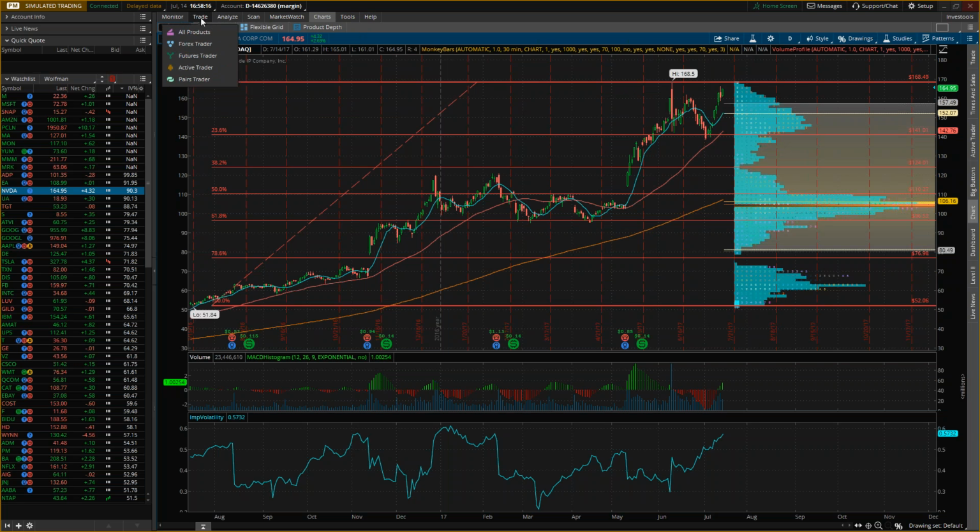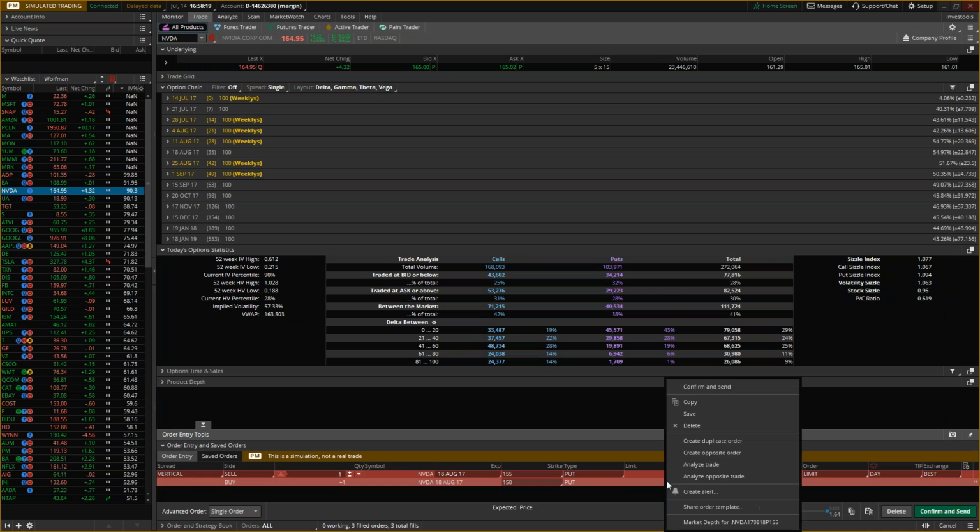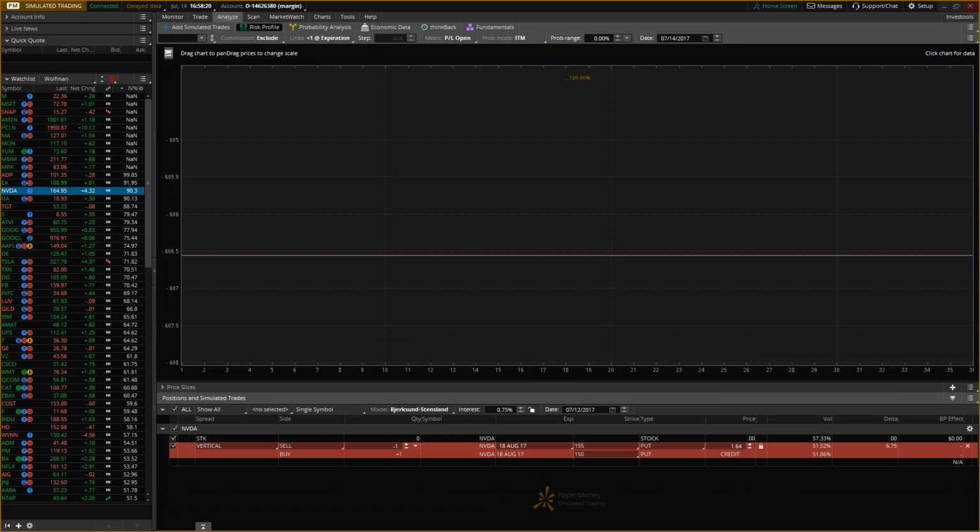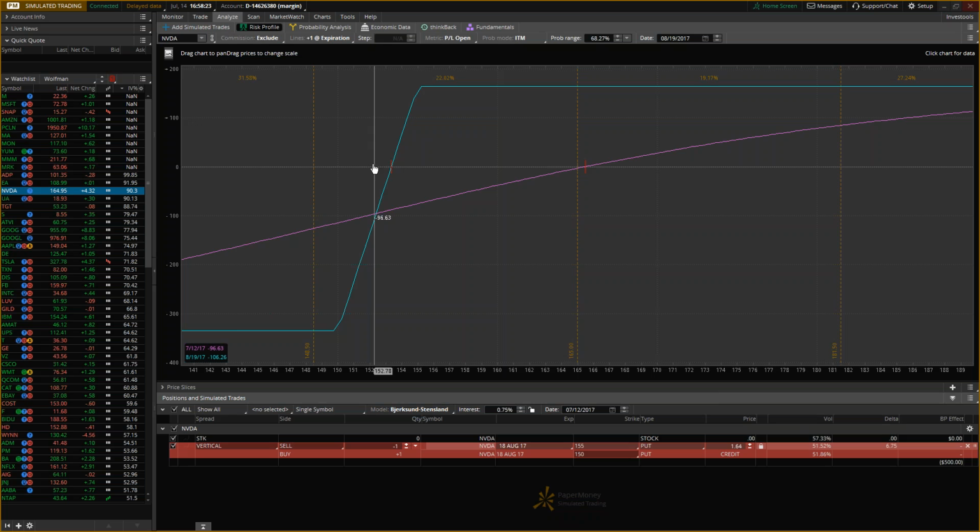All right, so I wanted to go into look at this on the Analyze tab, and there you can see what your max risk is versus your max reward on this one. Basically $5 wide minus the $1.64, that gives you $3.46, or $346, is your max loss.